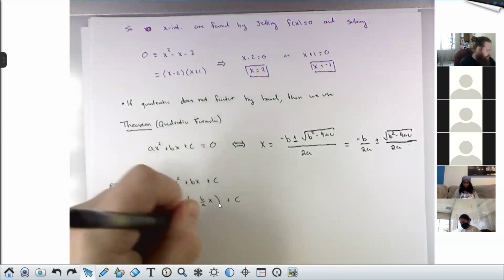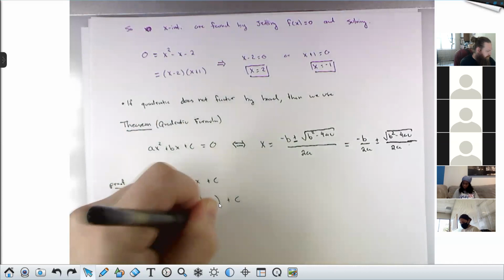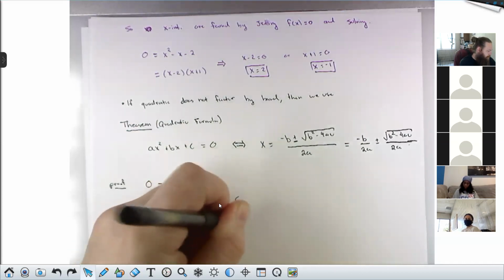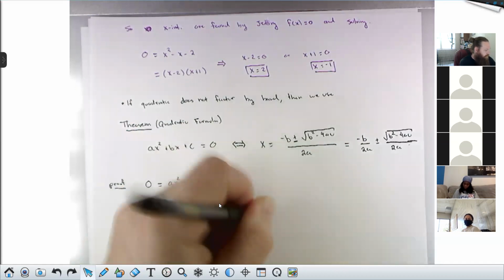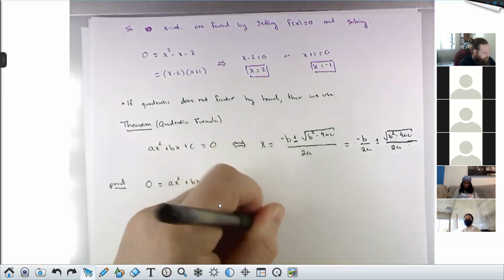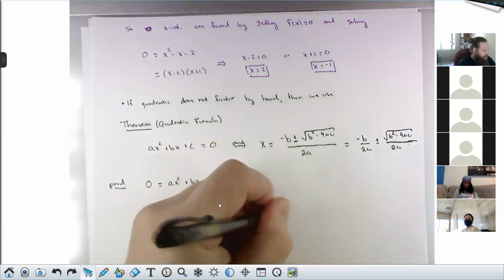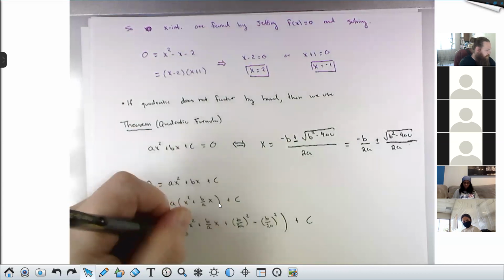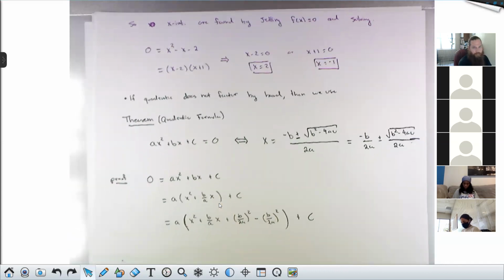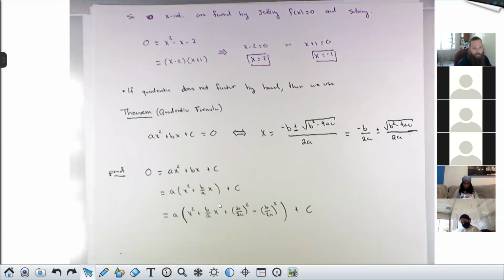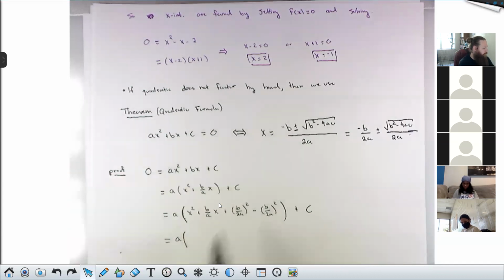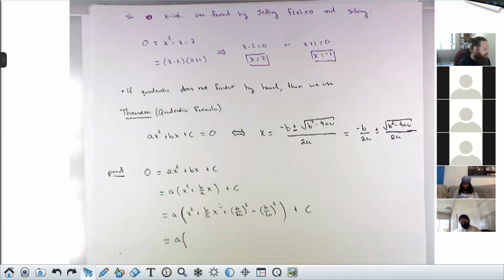So that's x squared plus b over a times x plus b over 2a squared minus b over 2a squared. Close the big paren, plus c still over here. And then these first three terms, it's a little bit harder to see without numbers plugged in, but these first three terms will factor nicely.